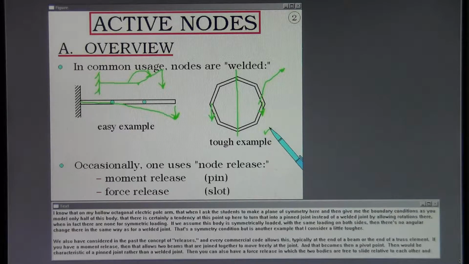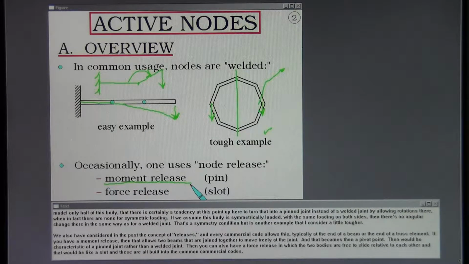We also have considered in the past the concept of releases, and every commercial code allows this, typically at the end of a beam or at the end of a truss element. If you have a moment release, then that allows 2 beams that are joined together to move freely at the joint, and that becomes then a pivot point.